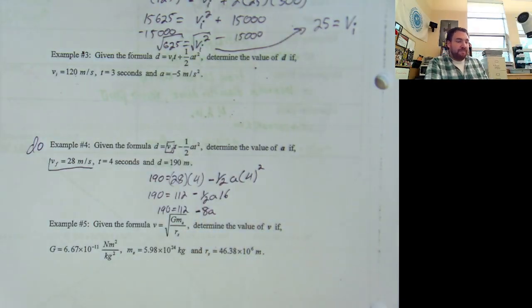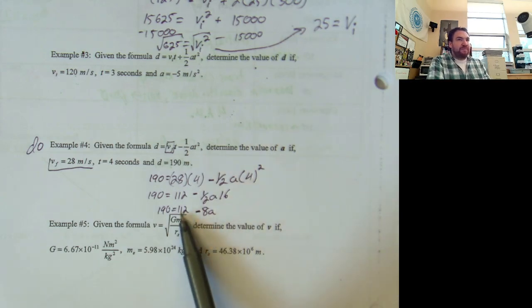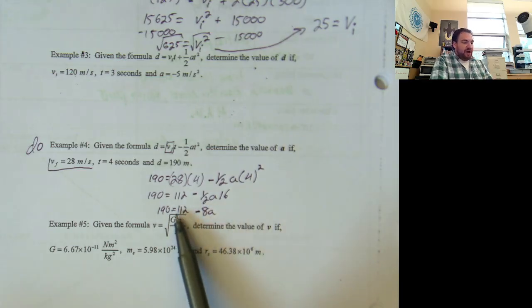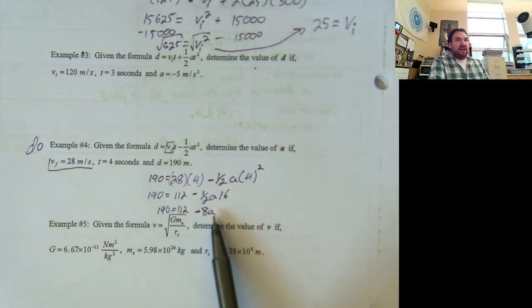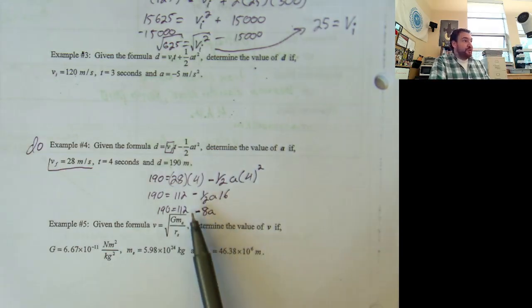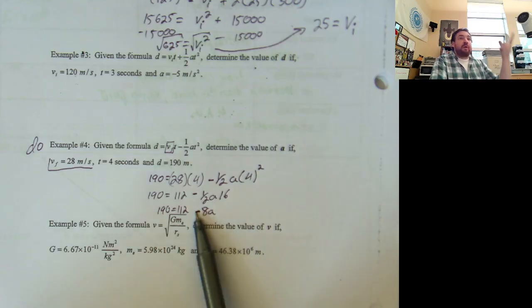The 112. And because the 112 is positive, this is another common mistake I see, where you've got 112 minus 8A. A common mistake I see is students will say, there's subtraction there, so I'm going to add over. That's not the way we want to do it.